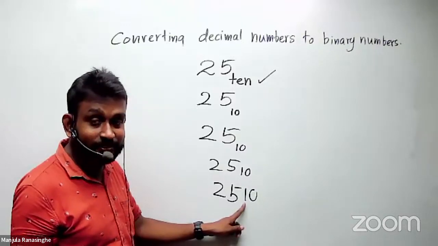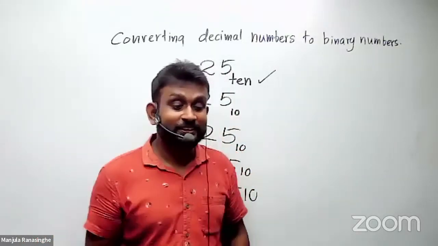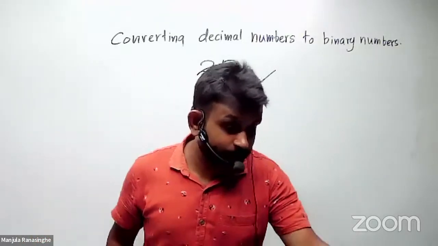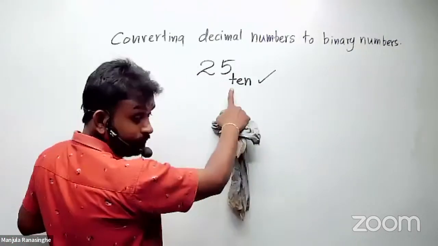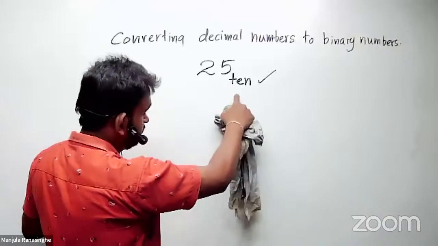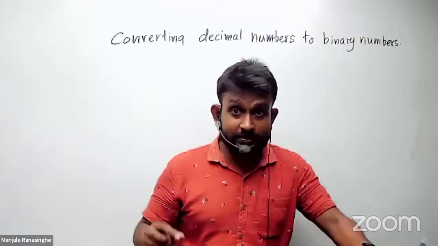That is why I told you to write in words, then there will be no misunderstanding. For base 2, you have to write 2, so be careful when you write the digits.